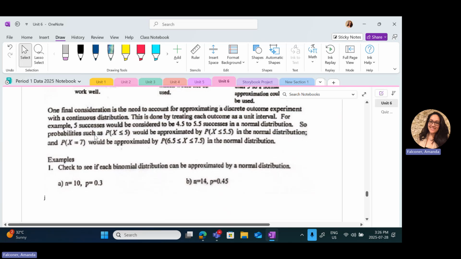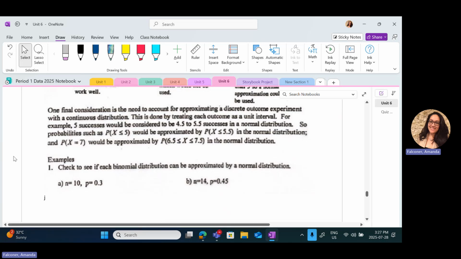So probabilities such as random variable x being less than and equal to 5 would be approximated by random variable x being less than and equal to 5.5, because 5 turns into the interval of 4.5 to 5.5, and if this is less than and equal to, we want to count everything that represents 5, which on its interval would include 5.5.